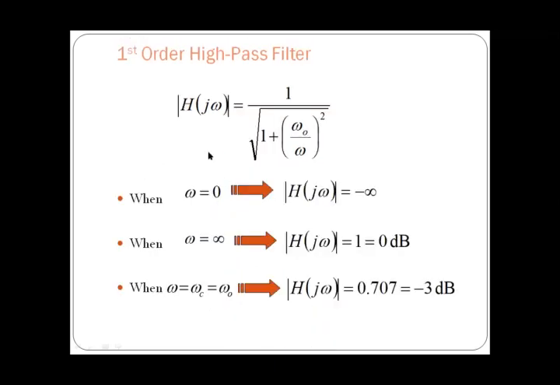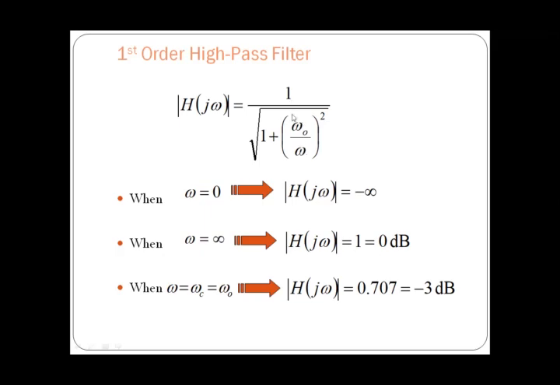Now if we observe the magnitude of the transfer function, omega is the input signal frequency. If omega is equal to 0, then what happens? H of j omega is equal to infinity, because in place of omega we are placing 0, and anything by 0 becomes infinity.